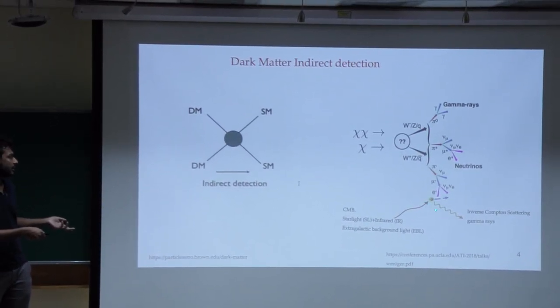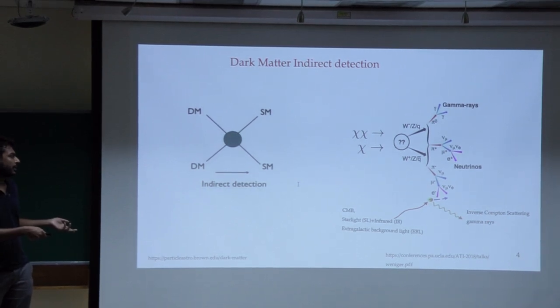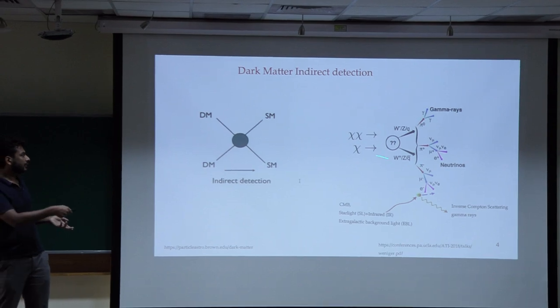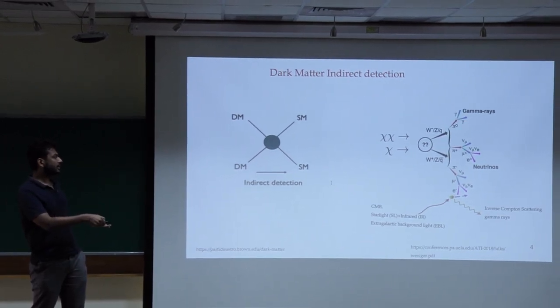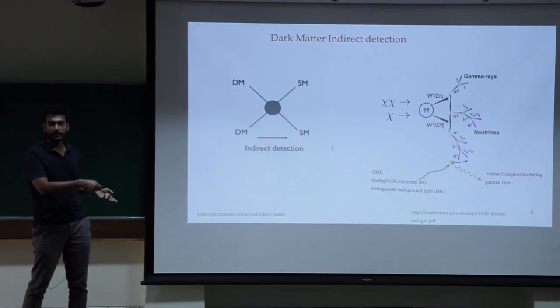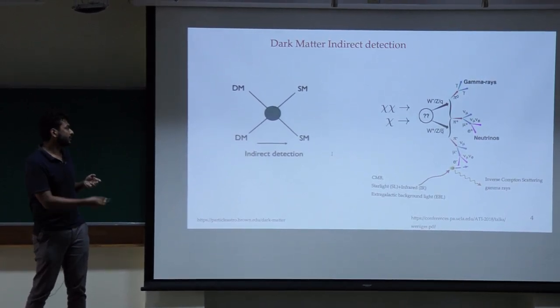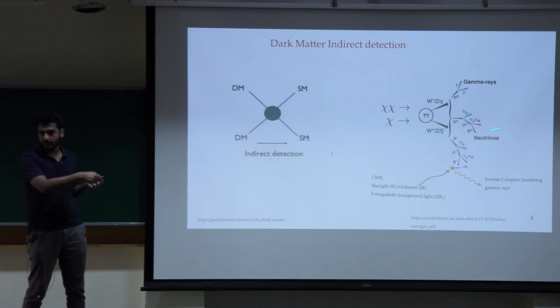This upscattering produces something called inverse Compton gamma rays. The idea is to search for these primary gamma rays or inverse Compton gamma rays in various detectors like LHAASO and Tibet gamma, and search for this dark matter decaying or annihilating signal.